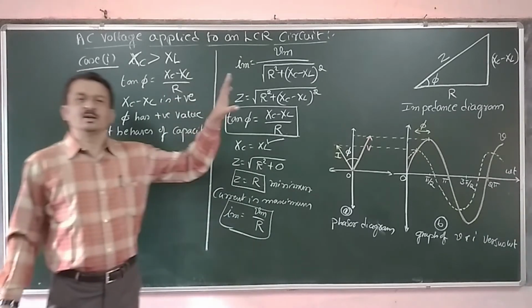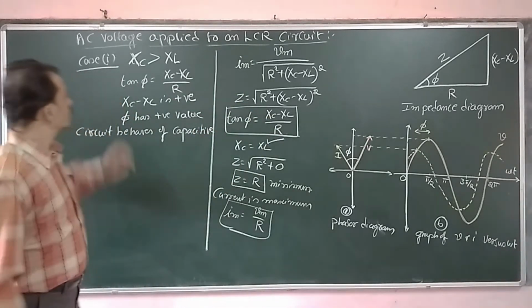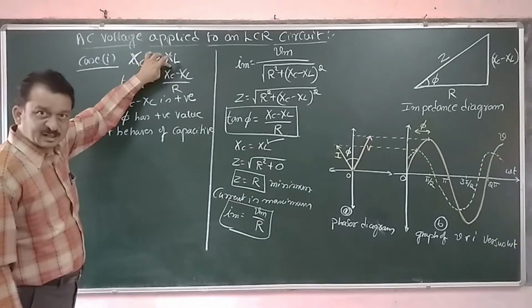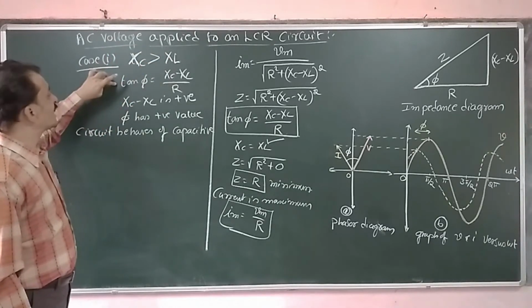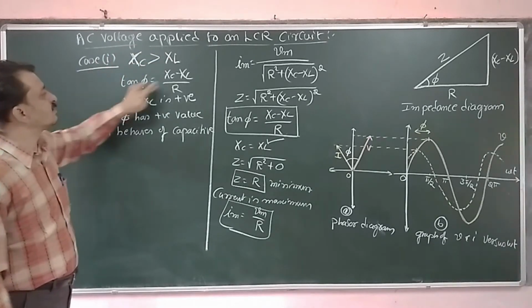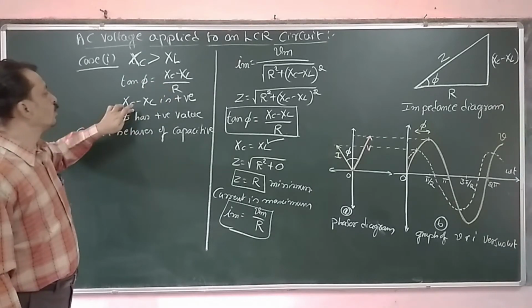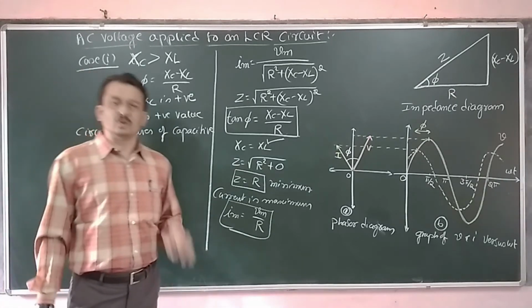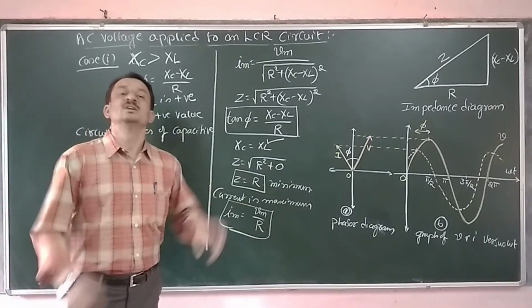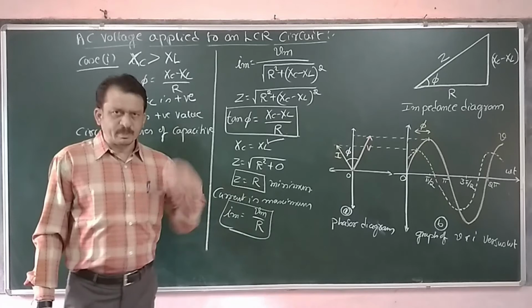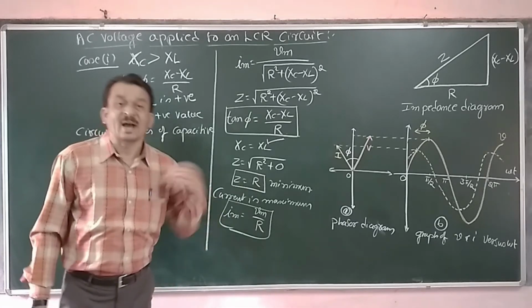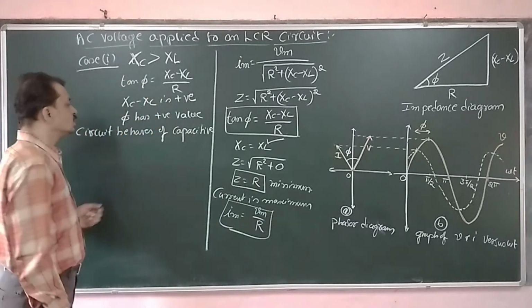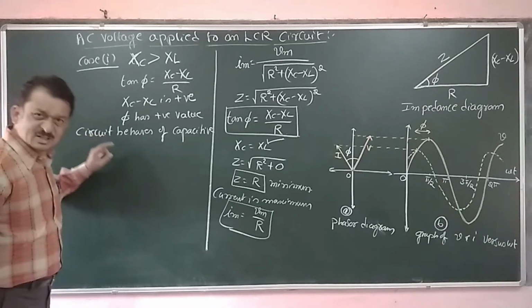Even though we are having the three components, if Xc is greater than XL, then by the impedance diagram the phase angle tan phi is given by this one. The numerator becomes a positive quantity, therefore angle phi becomes a positive value. So that means the entire circuit behaves as a capacitive circuit. The meaning is very simple.